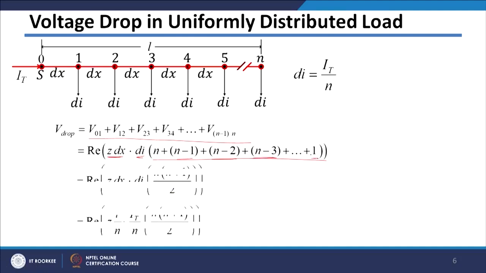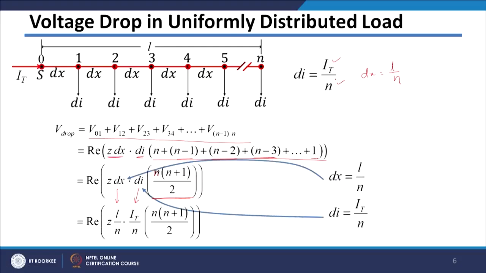And we know that the total sum of this series can be given by the formula N into N plus 1 divided by 2. And we know that this dx is nothing but the total length divided by the number of sections. So, dx I can write as total length divided by number of sections, and your current Di is nothing but the total current divided by the number of sections.